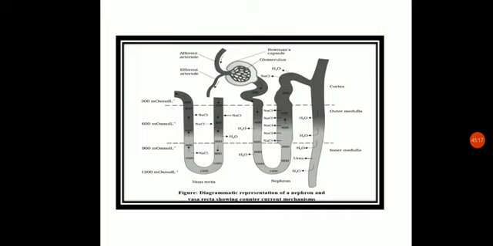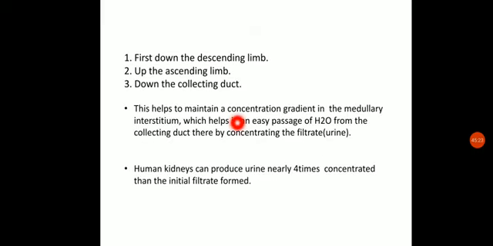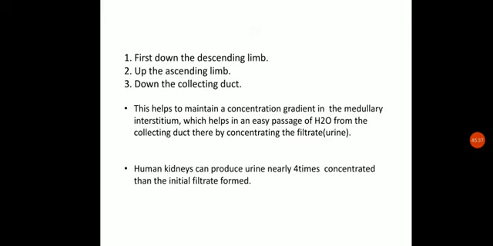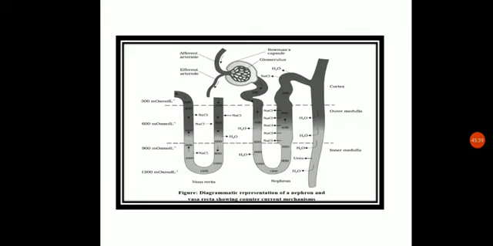First of all, the filtrate passes from the proximal convoluted tubule (PCT) to the descending limb of the loop of Henle.